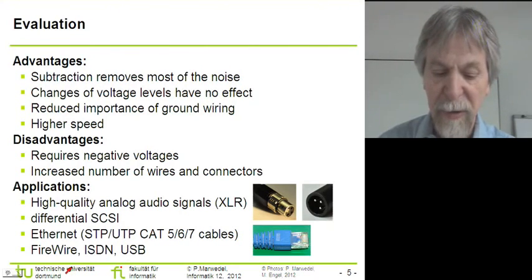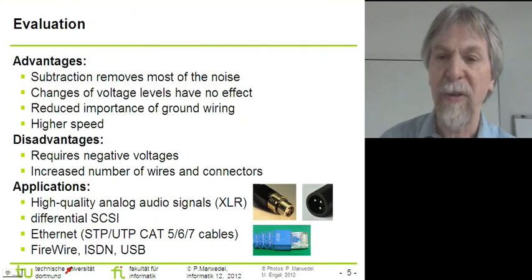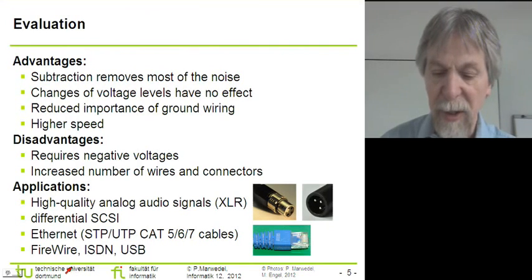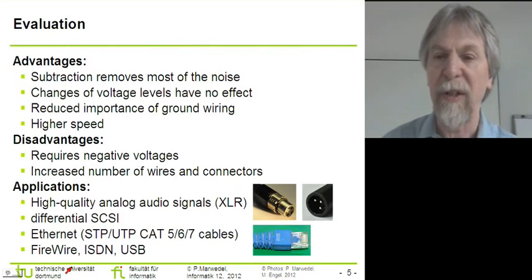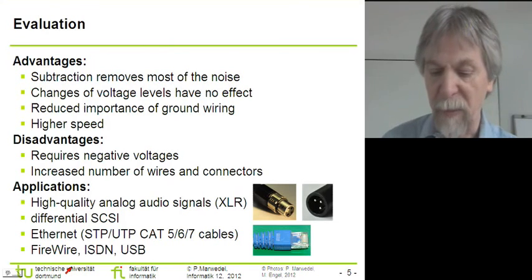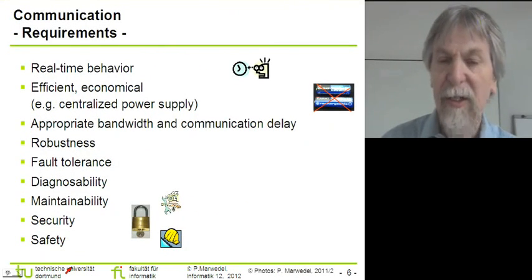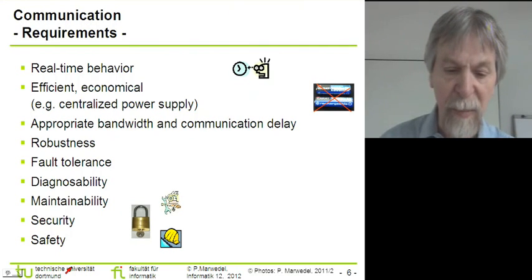And for the same reason, FireWire, ISDN, USB, and the list could be extended, are all using differential signaling. So that's one technique that I provided as an example of what can be done in order to improve the robustness. Next, I'd like to look at a second example.